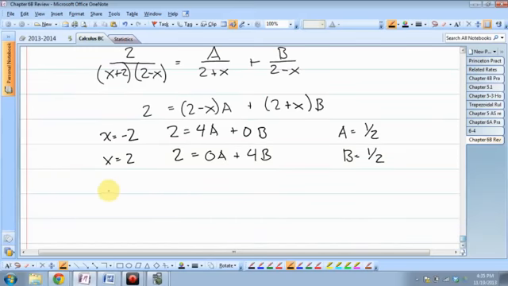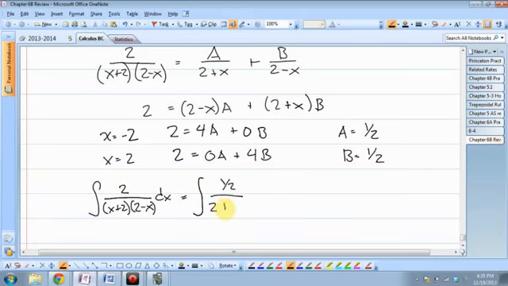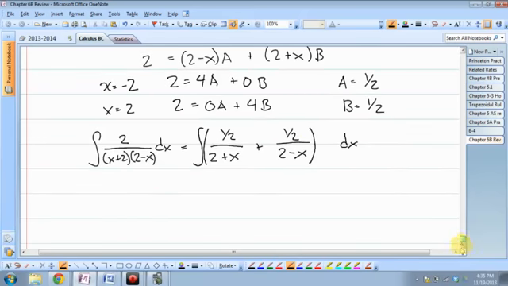Back to the problem. Antiderivative of 2 over x plus 2 times 2 minus x dx, that's equal to the antiderivative of 1/2 over 2 plus x plus 1/2 over 2 minus x dx. I think I'm going to do this the old school way with the u substitution.